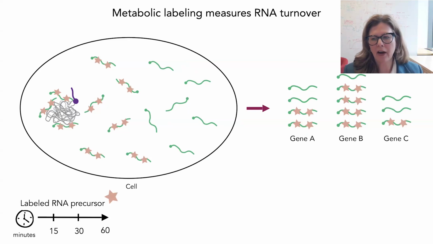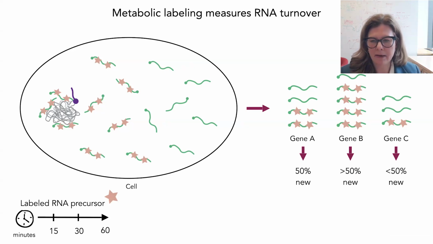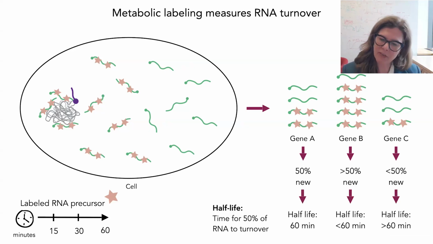And if you purify the RNA, you can detect which ones have the label. You can calculate the percentage that have the label, or are newly synthesized since you added the label. And from that, you can calculate half-lives for each RNA across the cell.